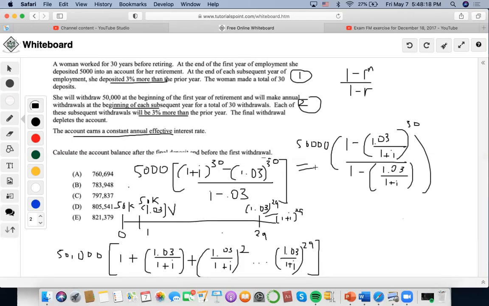Since they're equal, these equations are equal from the time that the balance accumulates to the time that we withdraw. After we find the interest rate, we could input it to either equation to find the account balance, right?